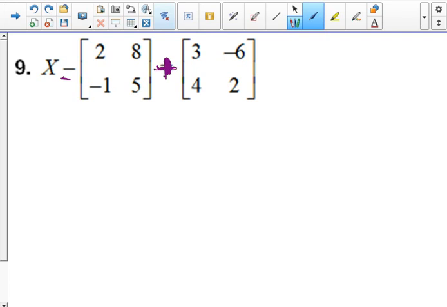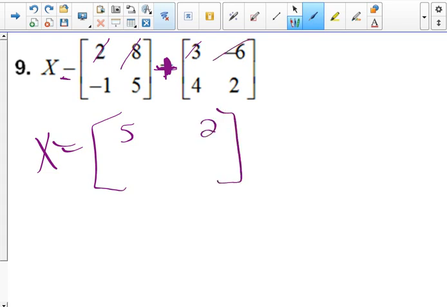Okay, everybody with me? You're just going to add them. So now x is equal to 2 plus 3, 5, 8 minus 6, which is 2, negative 1 plus 4, which is 3, and 5 plus 2, which is 7. So 5, 2, and 3 and 7 for the second row.